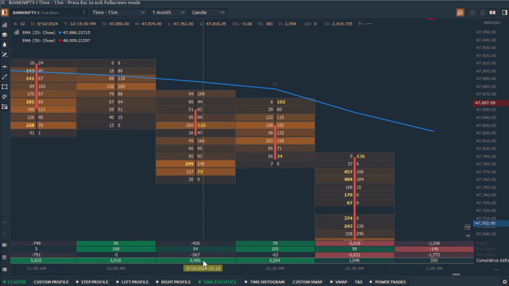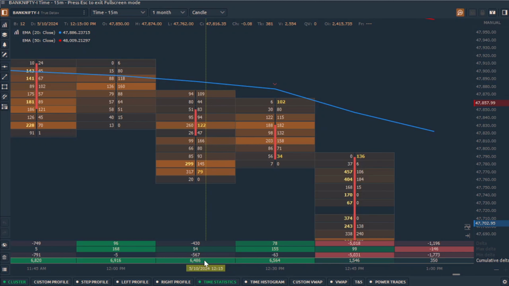The last one at the bottom is the cumulative delta, which basically means the delta since the beginning of the day. Of course, you can set it for a week, etc., but for practical purposes, people generally use delta from the beginning of the day.